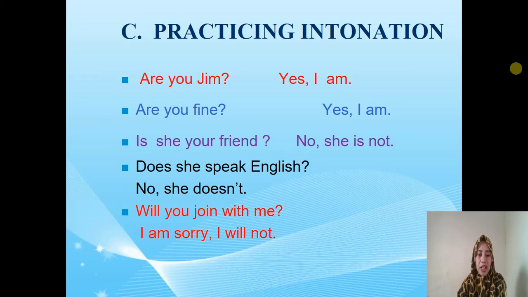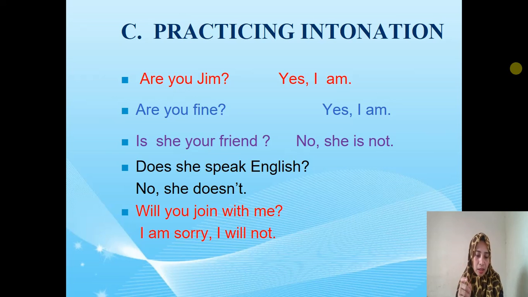Intonation is the variation which happens in the pitch or tone of the voice when saying an utterance.